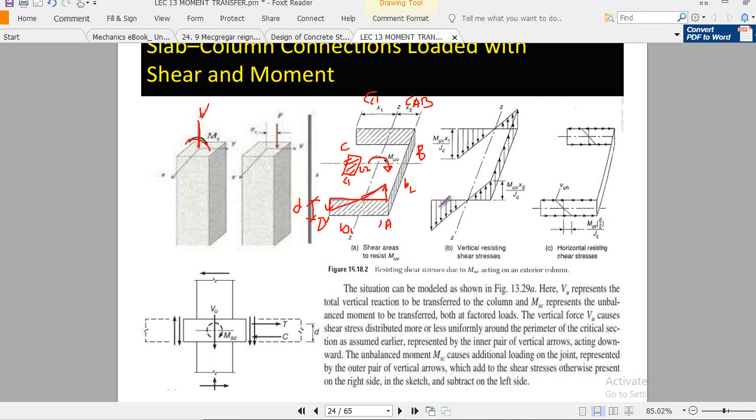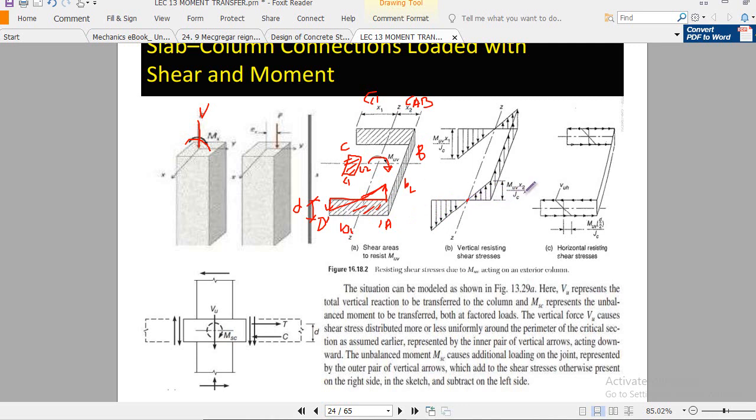So you see the shear stresses will also be on this shear perimeter, the area shown by the slash lines. The shear stresses are also maximum at the corners, and here it will be 0.